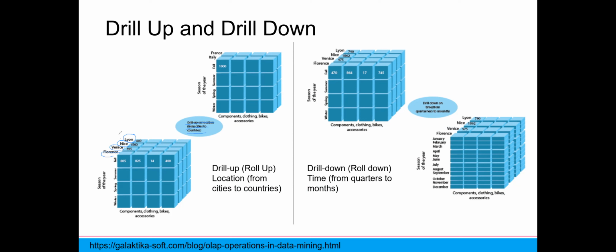So these cities will be drilled up to countries. What about drill down? Let's say this is an example, drill down on time. We have winter, spring, summer, fall, and we want to drill down into month. So we have January, February, March, April, May, June, and so on.